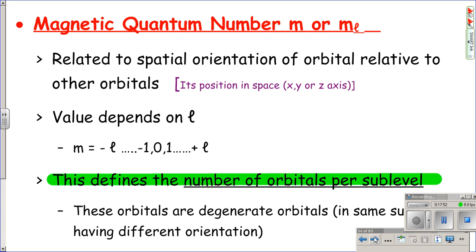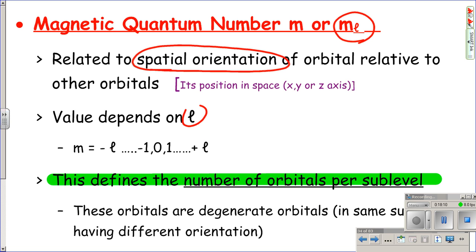This is talking about the specific spatial orientation of the orbital, how it lays in the axes available to it. So the ML number is dependent upon the L number, which is dependent on the N number.